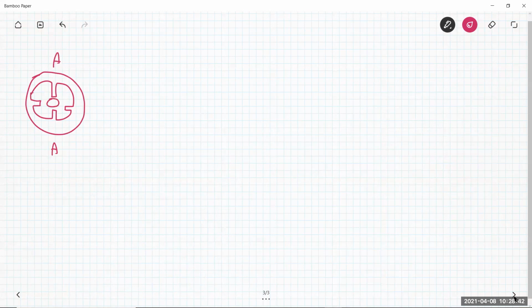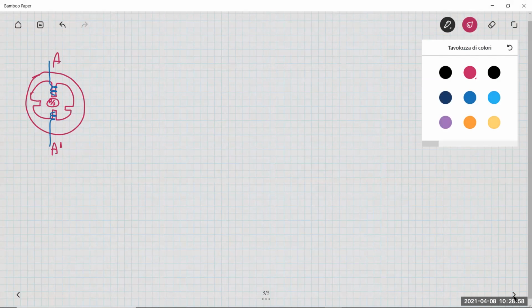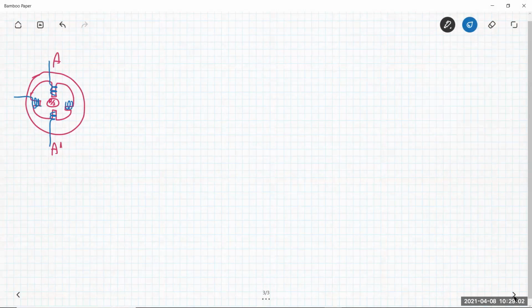You have the rotor, which has north and south pole, something like this. And then you have B and B prime. Okay, this is the situation I depicted before.